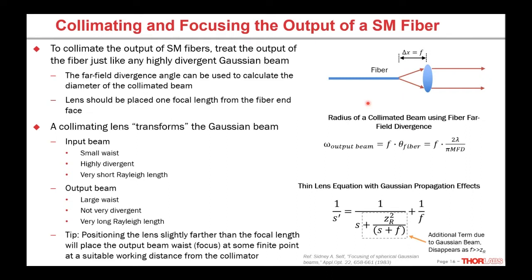So we can do things like focus that light, we can collimate that light, and really all that means is we're going to use lenses to turn that small waist, high divergence Gaussian beam into a beam, let's say, with a very large waist, not very divergent, and a very long Rayleigh length. That means it's going to be roughly collimated.